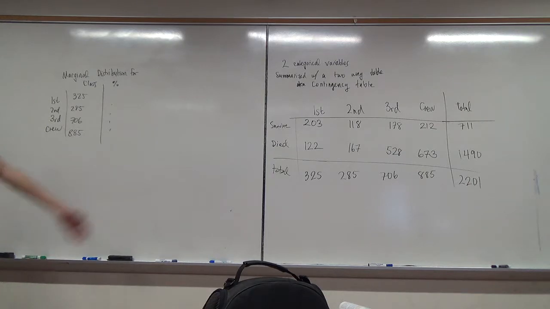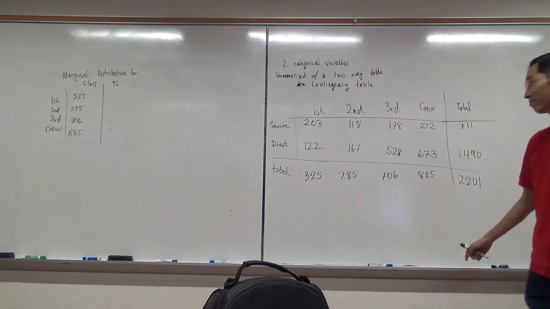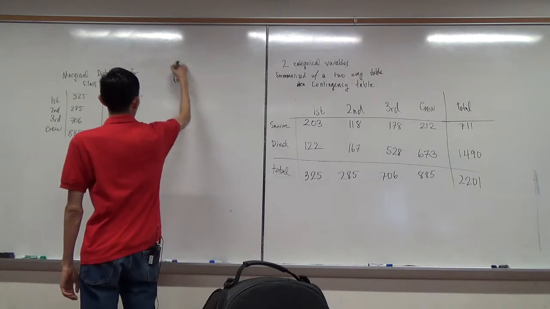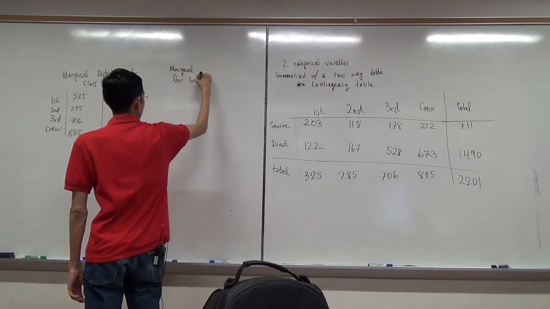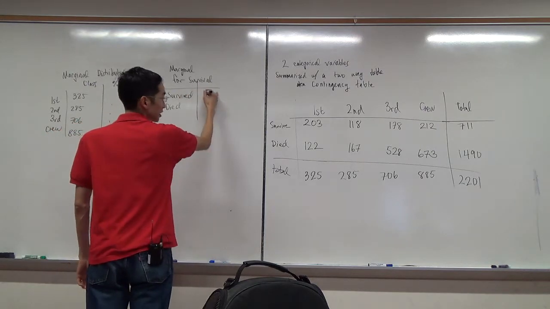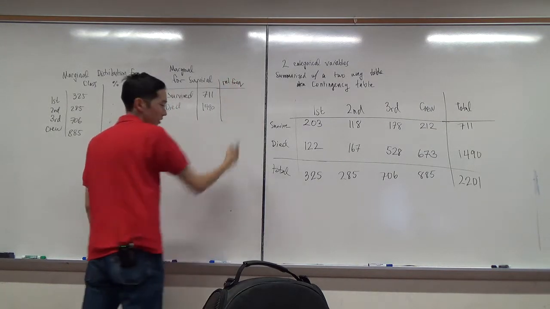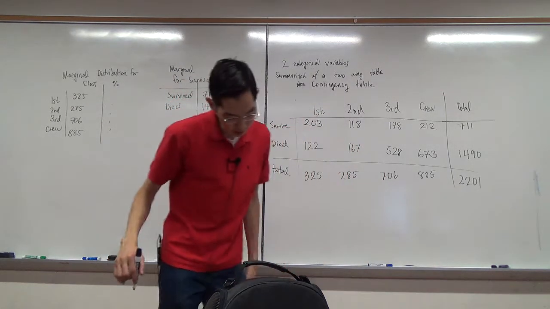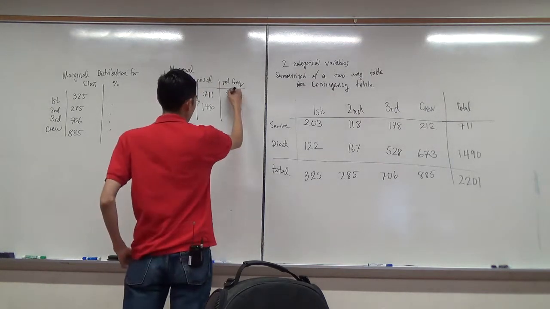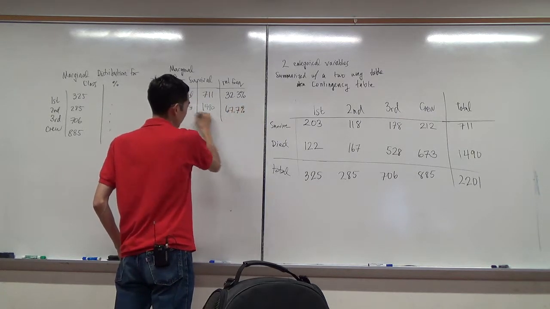If I ask what's the marginal distribution for survival, it's basically these two numbers: survived, died, 711, 1490, and then we would turn these into relative frequencies. 711 divided by 2201 is 32.3%, and on the other side we have 67.7%, for a total of 100%.